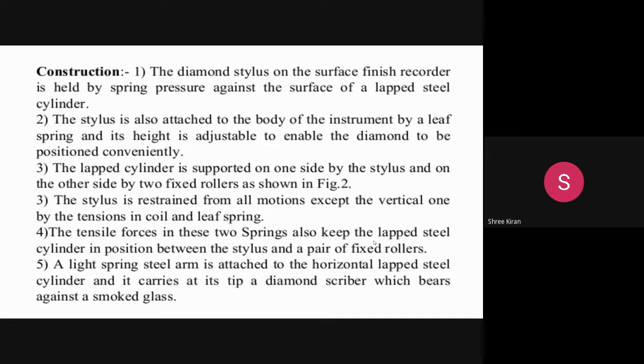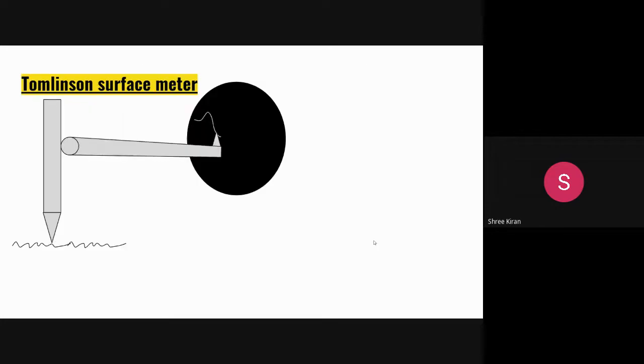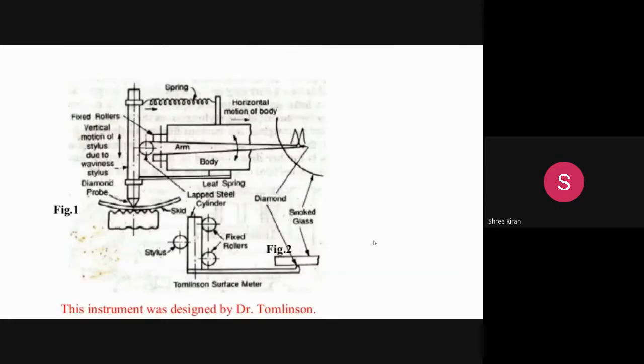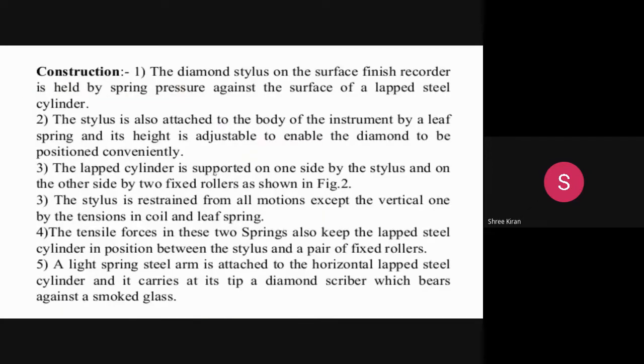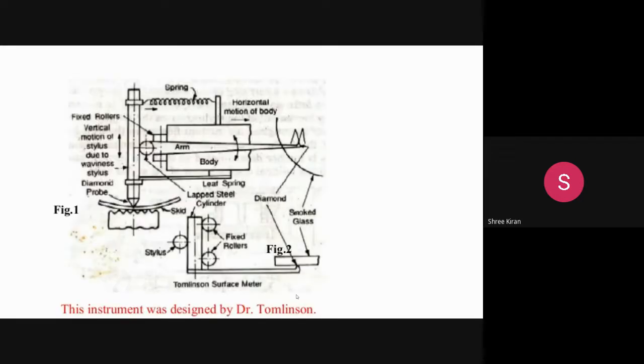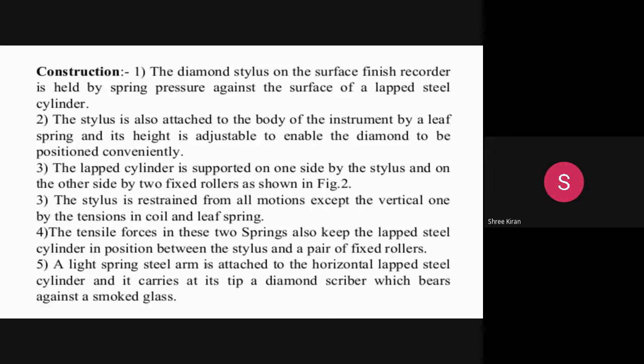The tensile forces are produced in the leaf spring and the coil spring, so the lapped steel cylinder is always present between the stylus and the fixed rollers. That's the fixed rollers.